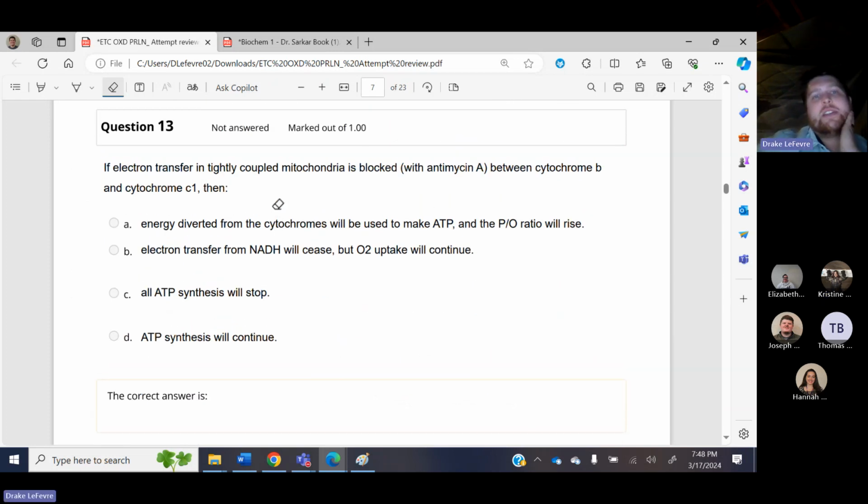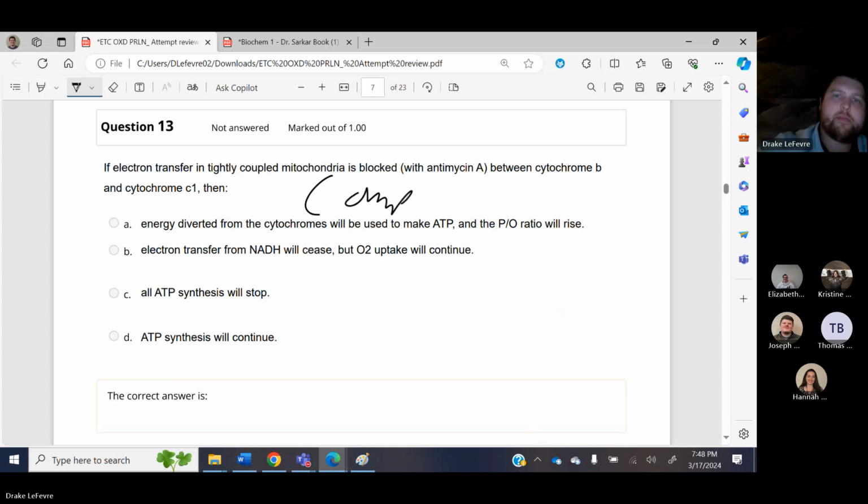If electron transfer is tightly coupled and mitochondria is blocked with antimycin A between cytochrome B and cytochrome C1, where are cytochrome B and cytochrome C1 located? Complex 3. Then which of the following will happen?